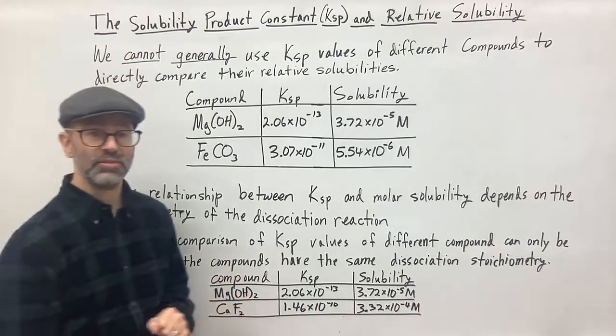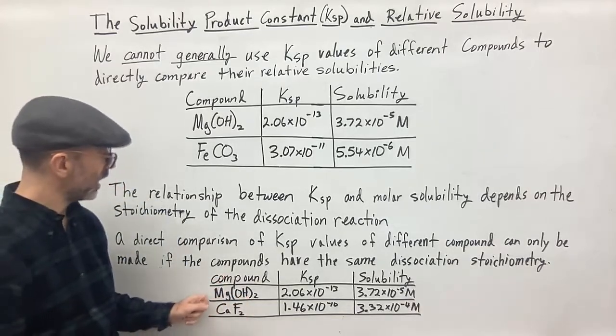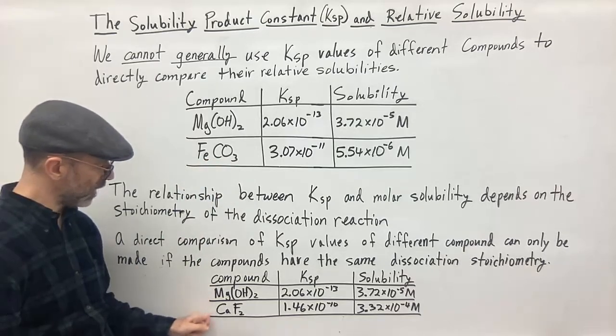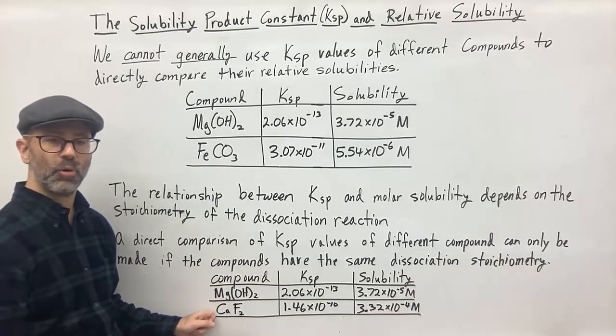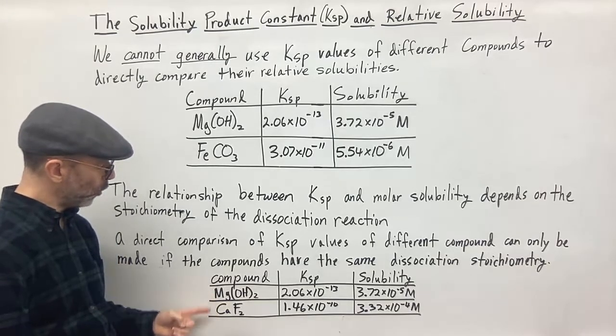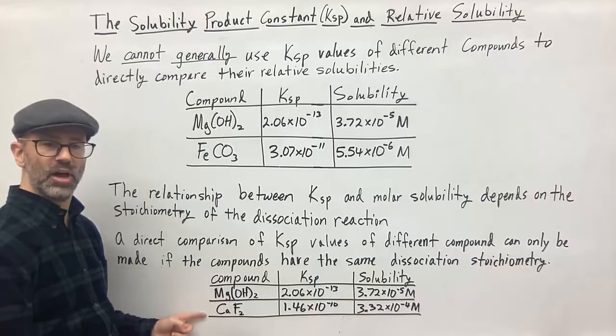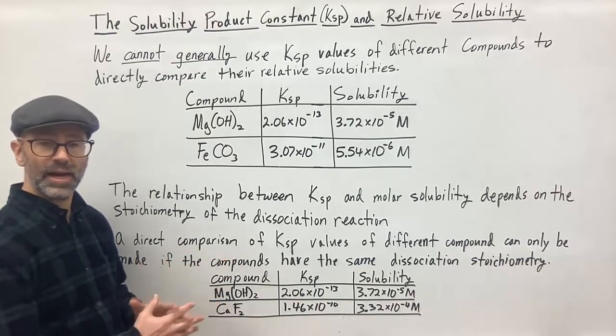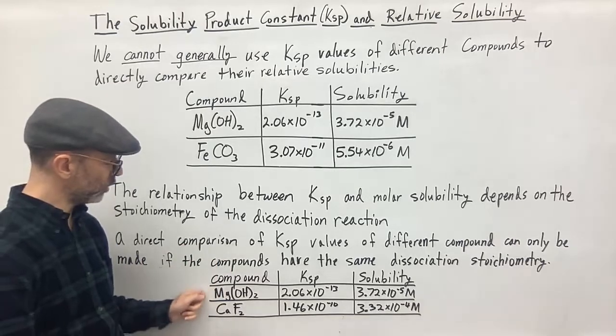So here's another example of a table where instead of iron 2 carbonate, I'm comparing magnesium hydroxide to calcium fluoride. And so you can see that here, both substances, when I dissolve them, are going to dissociate into 3 ions. So both of them dissociate into 3 ions.